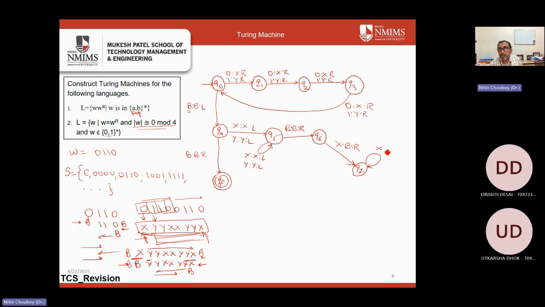So X replace with X, move to right; Y replace with Y, move to right. On the receipt of blank, turn the direction to left, and the symbol available after this blank should be X only. So if it is X, in that case, replace X with blank and turn left.